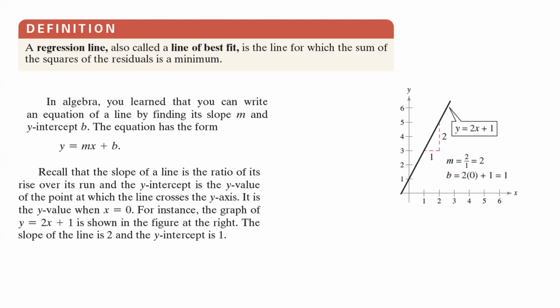The y-intercept, when you set x equal to 0, is equal to 1, which is this point here. The slope of a line is the ratio of its rise over run, and the y-intercept is the value of the point at which the line crosses the y-axis, this value here.